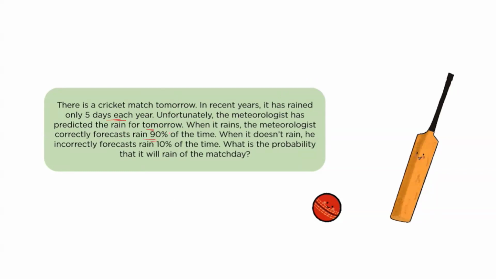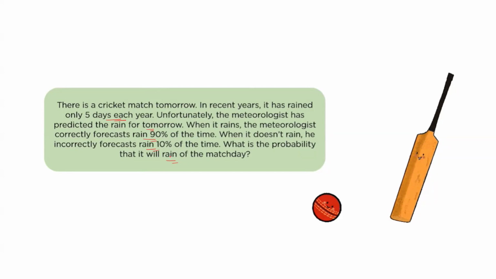But when it does not rain, he incorrectly forecasts rain 10% of the time. What is the probability that it will rain on the match day?